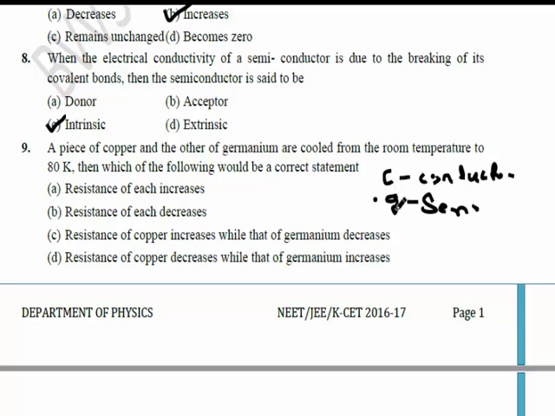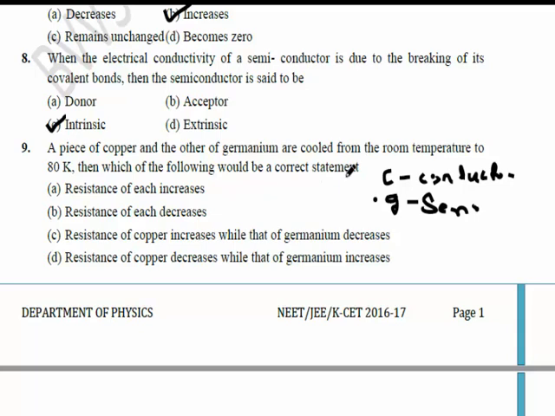When a piece of copper and germanium are cooled, their temperature is decreased.